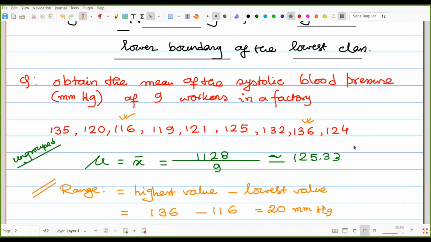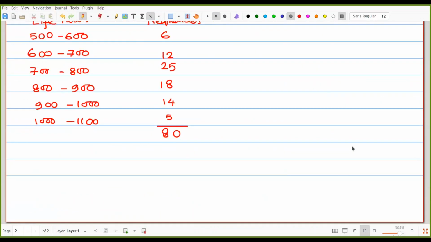So which one is the lowest class? Here, our lowest class is 500 to 600, and that one is our highest class.